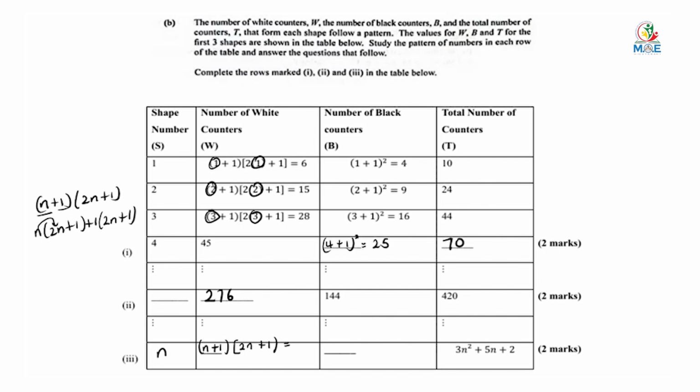So n times 2n would give me 2n squared, and n times 1 would give me plus n. And 1 multiplied throughout, you will get the same answer, which is plus 2n plus 1. This will be 2n squared, n plus 2n will give me plus 3n plus 1. So this answer here would be 2n squared plus 3n plus 1. It's just some algebra we had to use there.